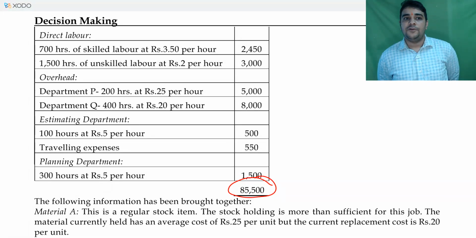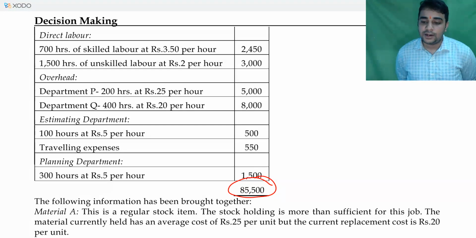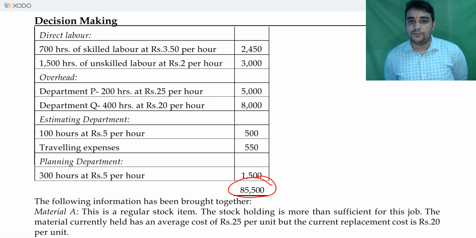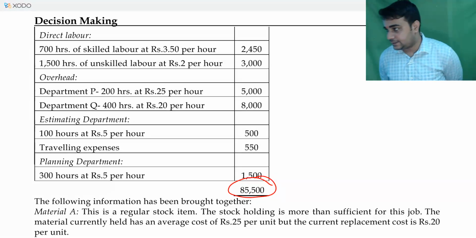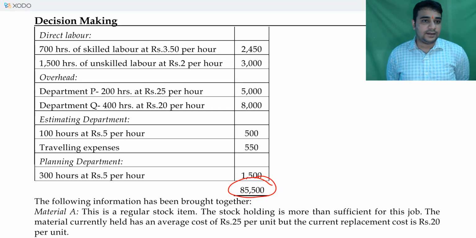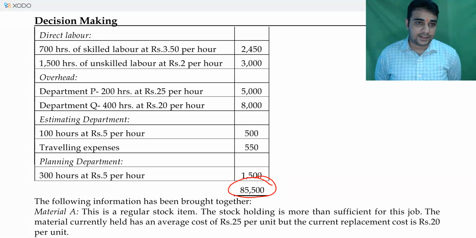Because your 5 per hour can technically be even a fixed cost, because in your inter you would have learnt an overhead absorption rate, which is budgeted overheads by the budgeted number of hours. In that calculation even your fixed overheads were considered. So if this 5 per hour is technically a fixed cost, whether incurred or not incurred it would be irrelevant. If it's a variable cost and it's already incurred, again it is irrelevant.